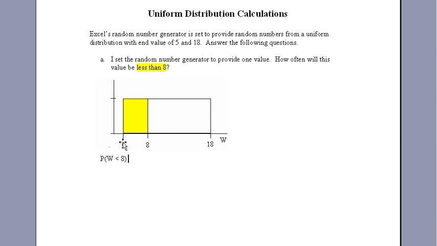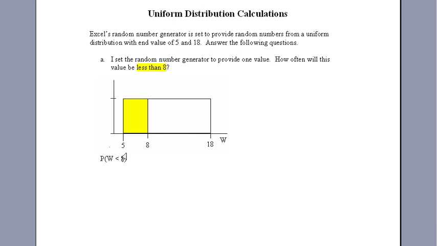I can see that the width of the yellow rectangle here is 3. What about the height? Well, the entire rectangle has to have an area of 1. Height times width must give me 1.